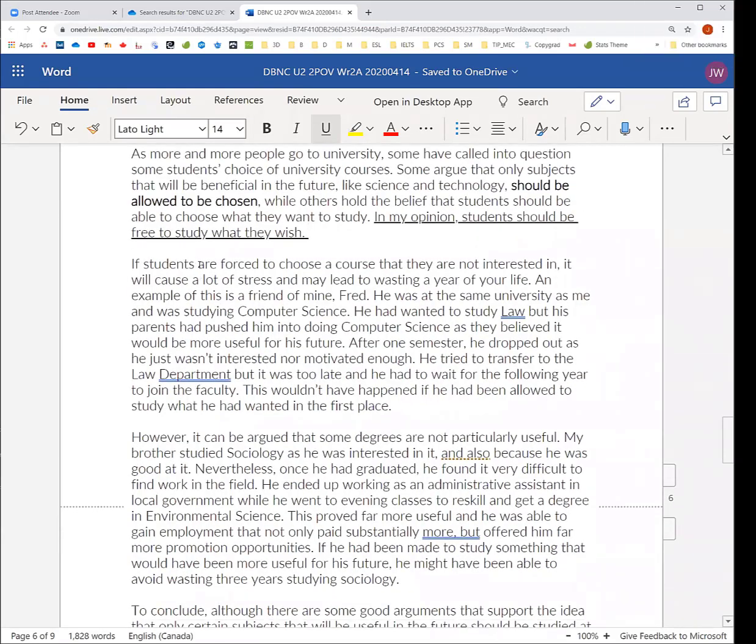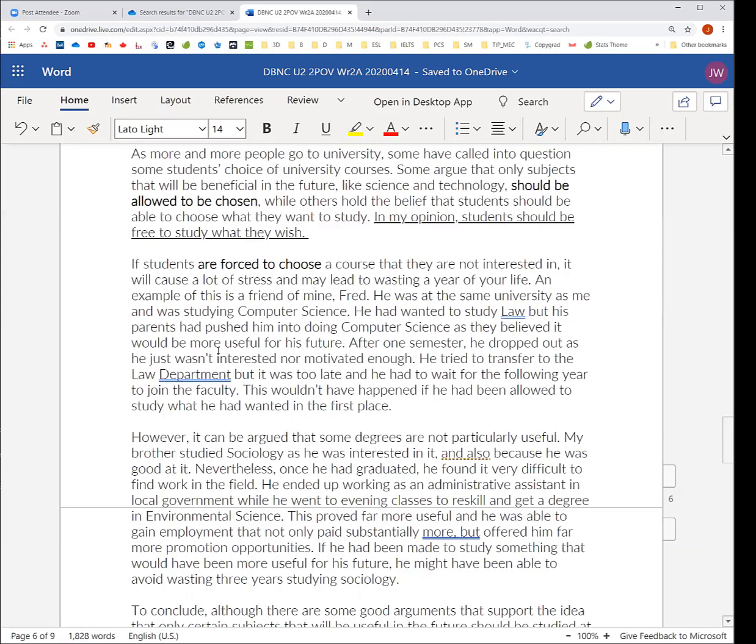If students are forced to choose a course that they are not interested in, it will cause a lot of stress and may lead to wasting a year of your life. An example of this is a friend of mine, Fred. He was at the same university as me and was studying computer science. He had wanted to study law, but his parents had pushed him into doing computer science as they believed it would be more useful for his future.